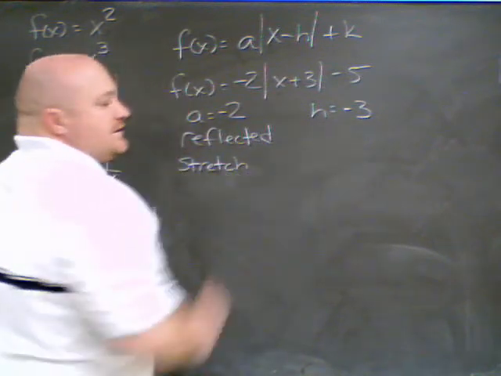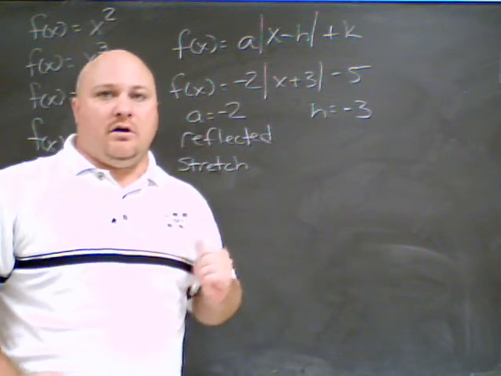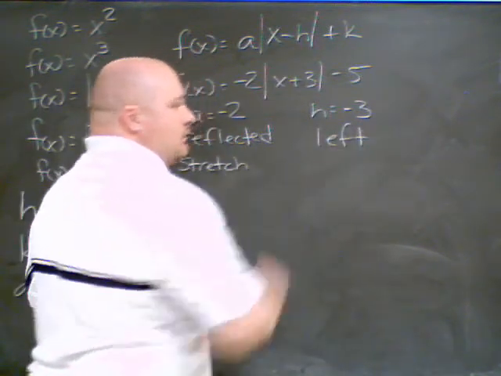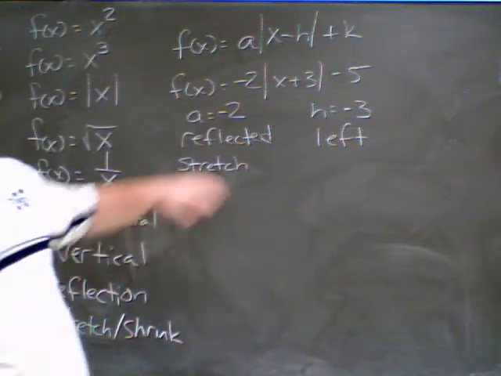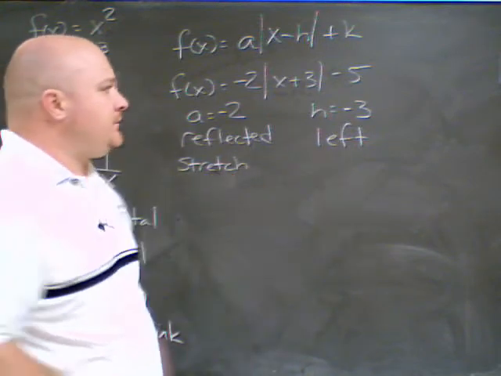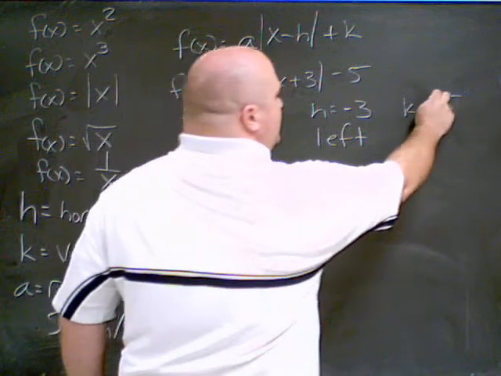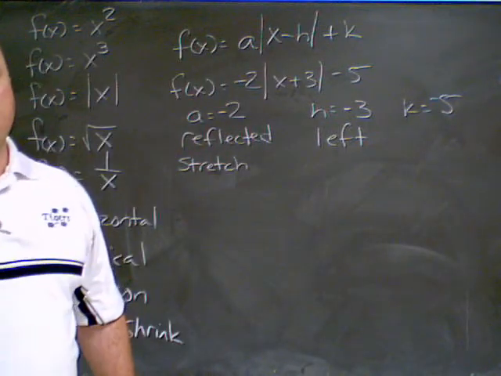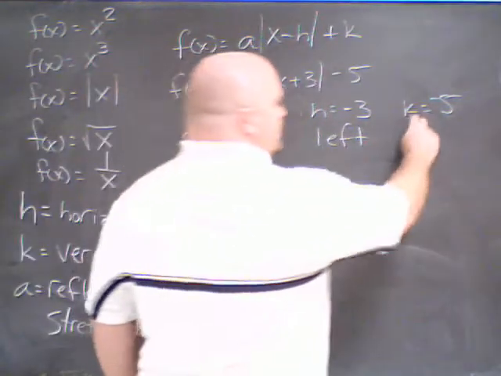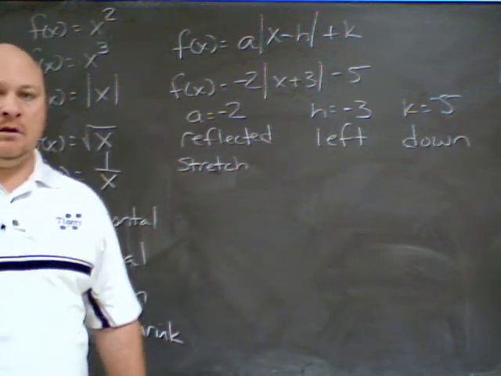So, since it is negative and it moves horizontally, it's going to move it in the negative direction on the x-axis, which means it's going to the left. So if you see x plus a number, it's going to be moving to the left. Now k is actually -5. And since it moves it vertically, negative is going to move it down.